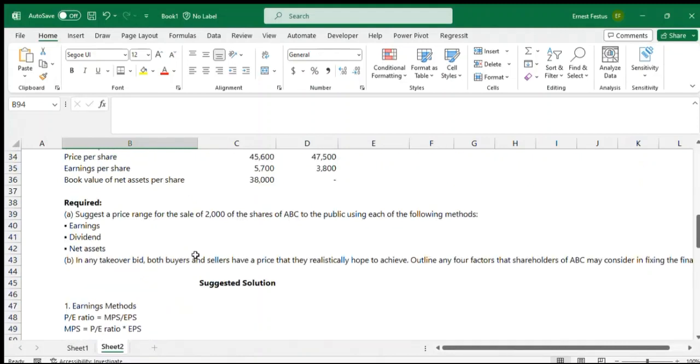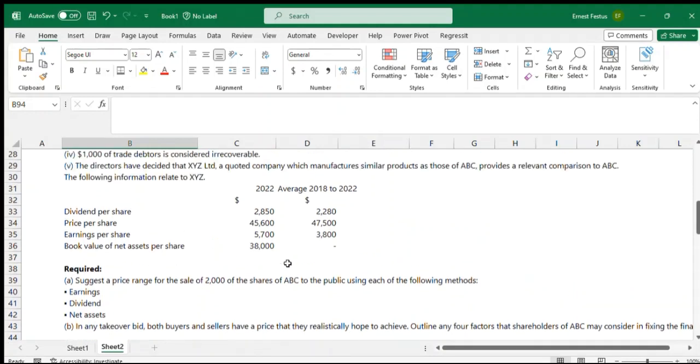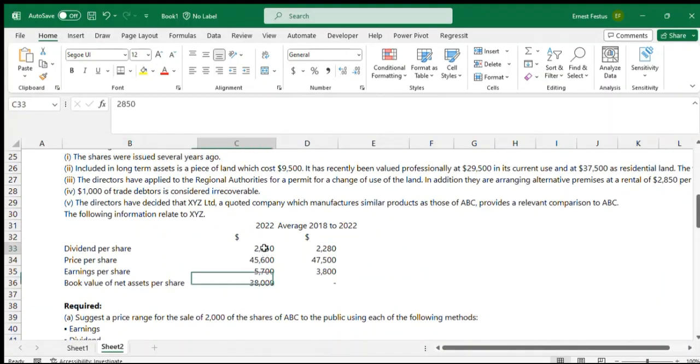Now the question says that we are to suggest a price range. So a possible way of doing that is after using these values to calculate the PE ratio for the quoted company and then adjusting it for the risk.